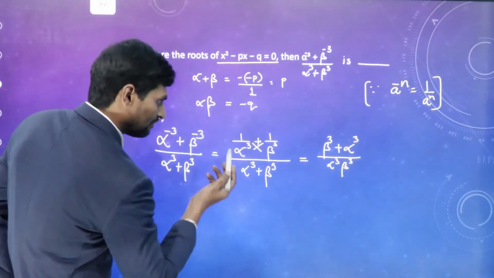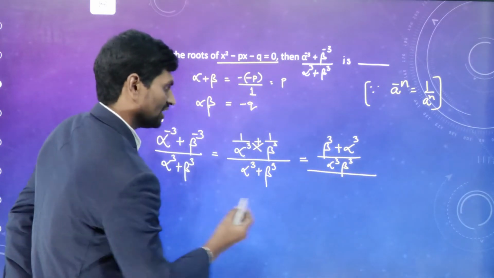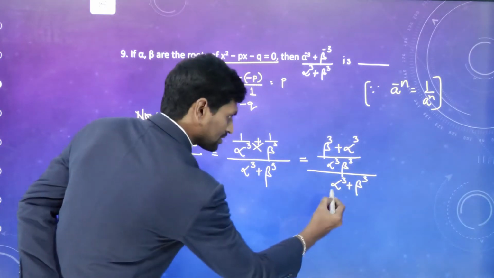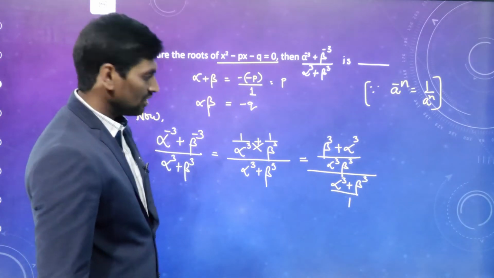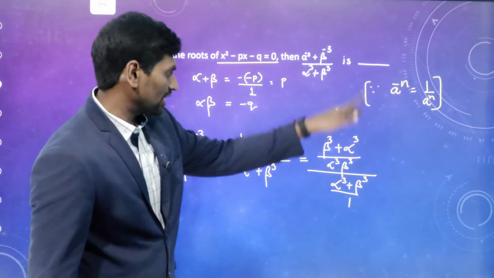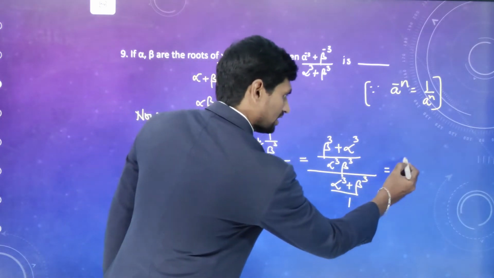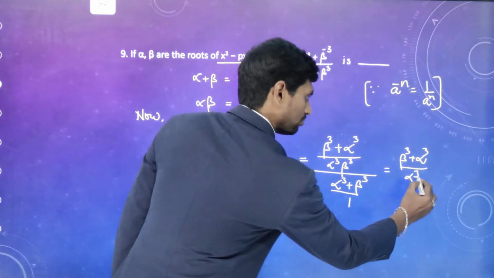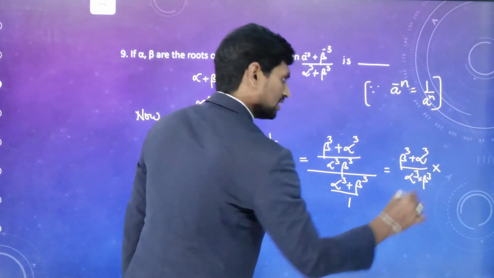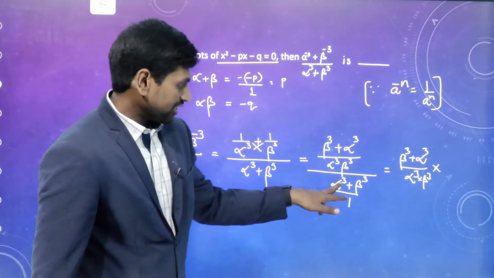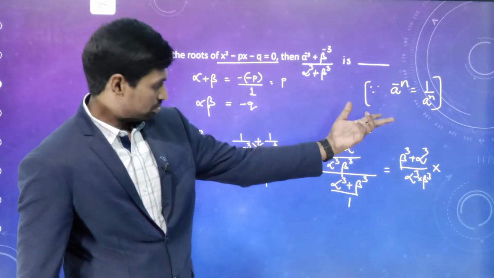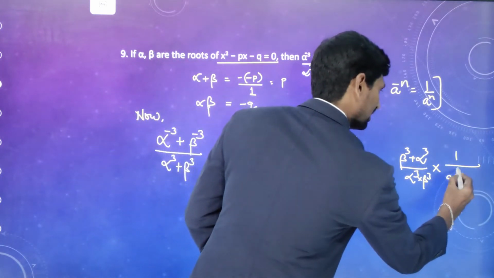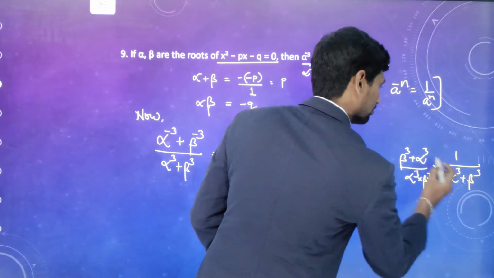Now still we have the denominator alpha cube plus beta cube. Here if there is nothing, we can write by 1. So let us transpose this to numerator. Then it will be beta cube plus alpha cube by alpha cube into beta cube, into alpha cube plus beta cube by 1. When you take it to numerator, it will be 1 by alpha cube plus beta cube.